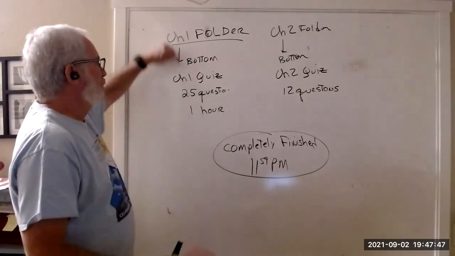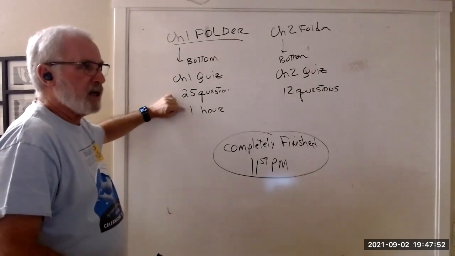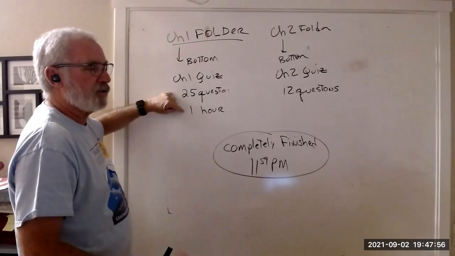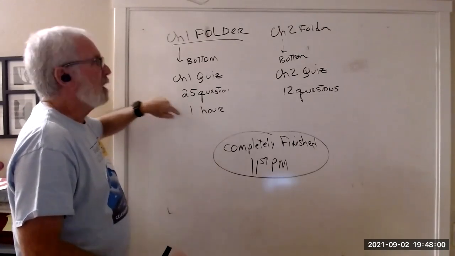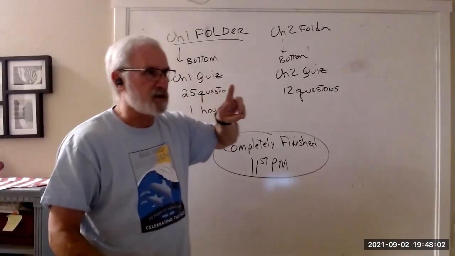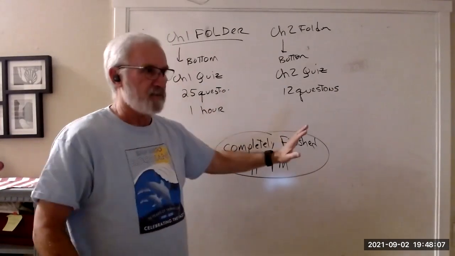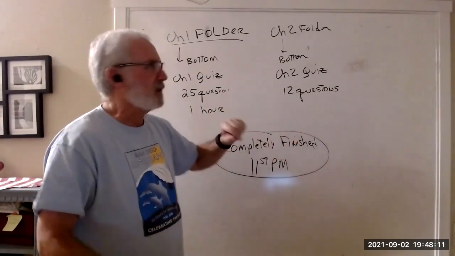But once you start the chapter 1 quiz, you've got an hour. That's about 2.5 minutes a question, but they're really easy. The last 2 semesters I've given this, people finished everything in less than an hour. So it's not that bad.